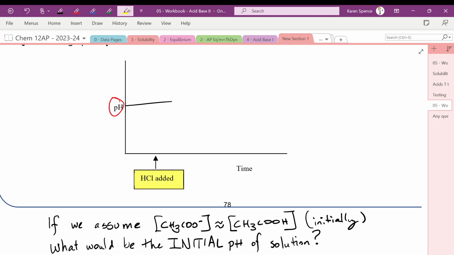If these two are equal, where are we? We are at the half equivalence point. What is true at the half equivalence point? First of all, these two are approximately equal, but at the half equivalence point, what else is true?